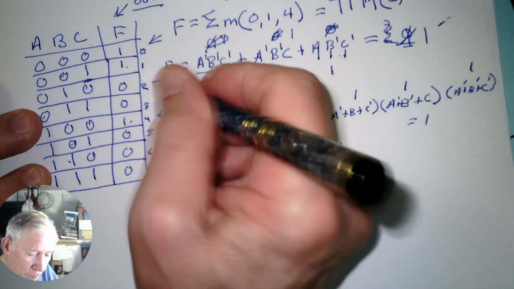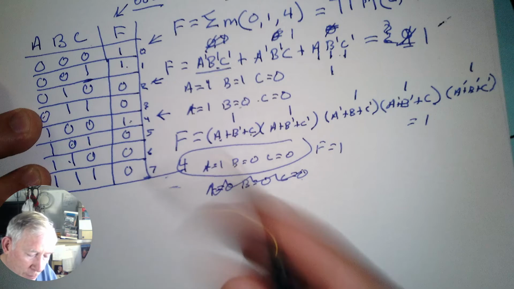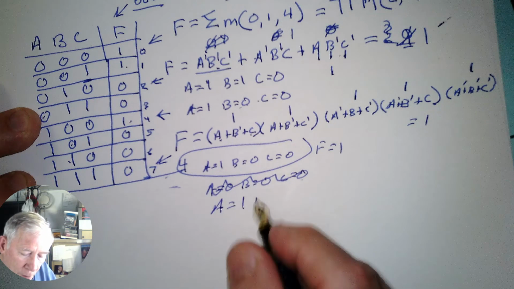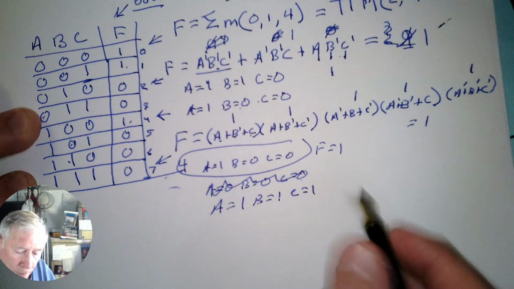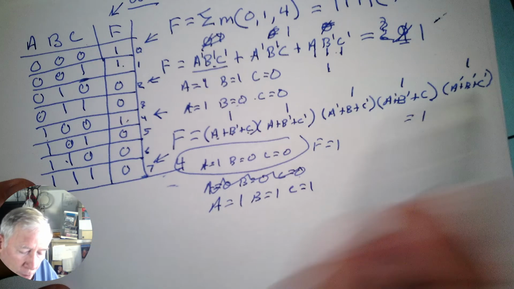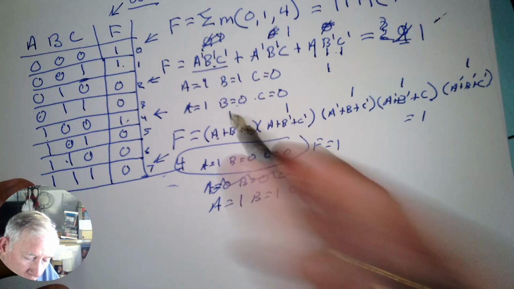That would be row 2. Okay, row 2, and also 3, and also 5, 6, and 7. Well, let's do 7. What the heck? So for 7, A equals 1, B equals 1, C equals 1. All right, so all we have to do is find any of these variables that aren't primed, and we know that that's going to be 1. So C is not primed, so that'll be a 1.